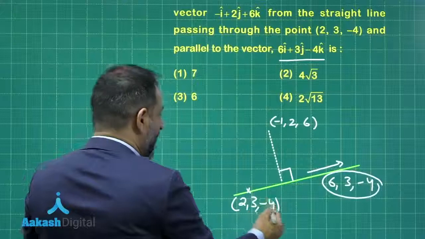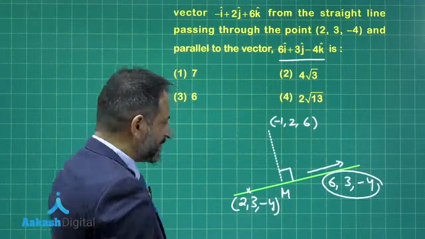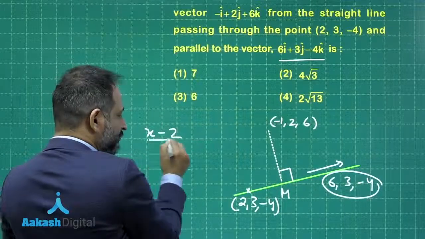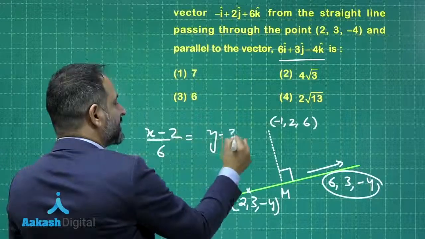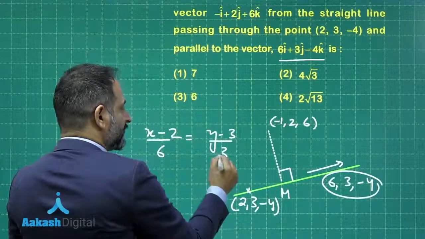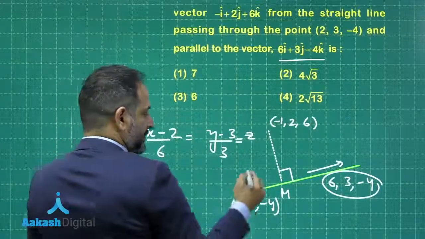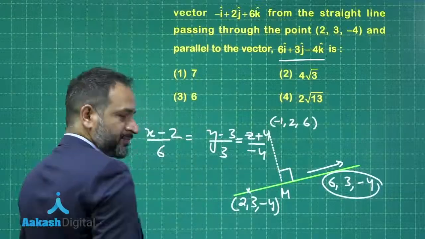So, we have to assume this point first in a single variable. The equation of this line is x minus 2 upon 6, y minus 3 upon 3, equal to z plus 4 upon minus 4.